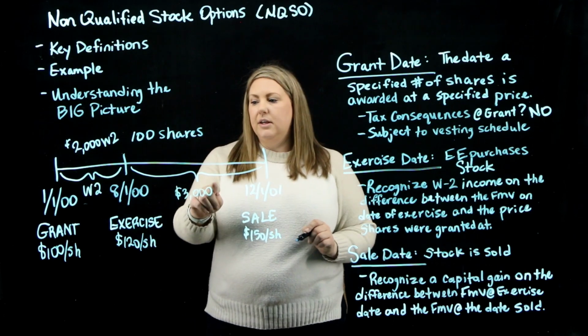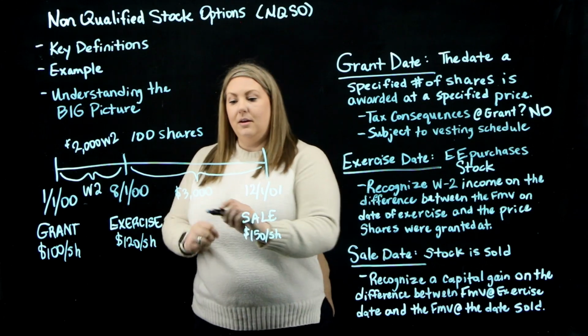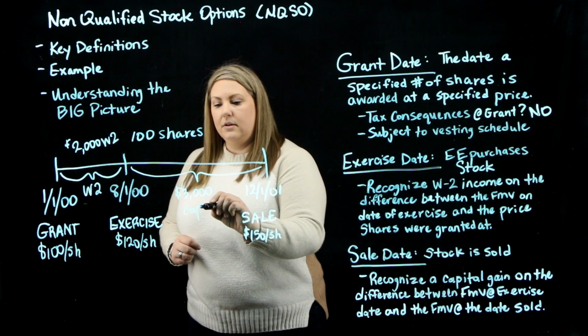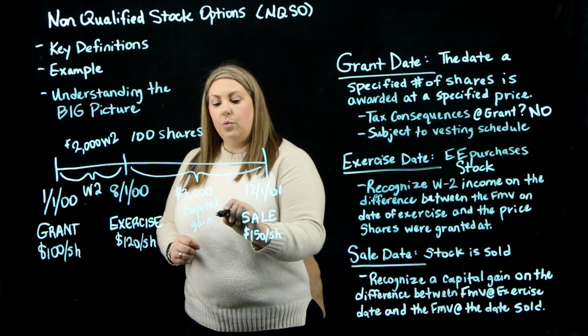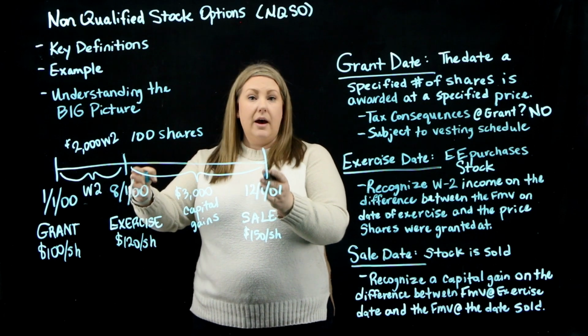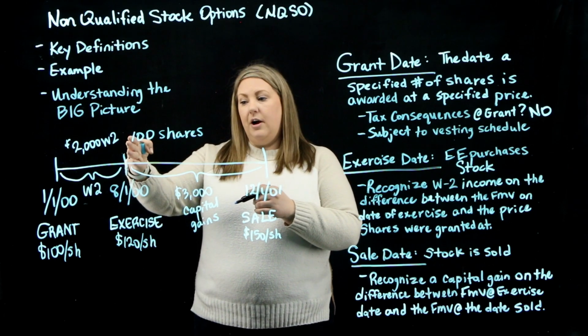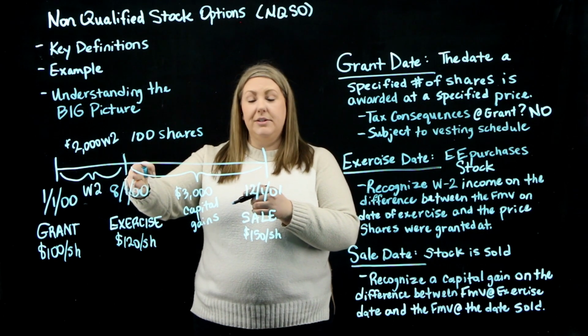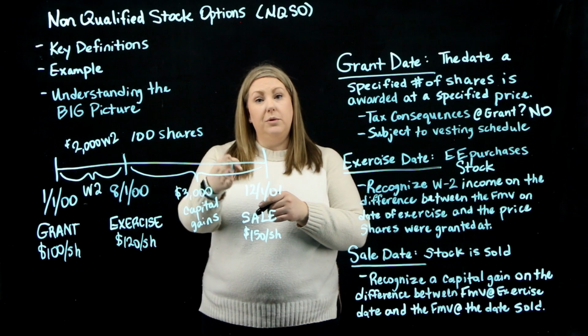Now the difference here is that it's not W-2 income. This is actually going to be capital gains. So we're going to say capital gains. And the way that you pay tax on capital gains is based on the time horizon of how long you held it. So we owned it from August of year one. Fast forward, August of the next year would be a year.